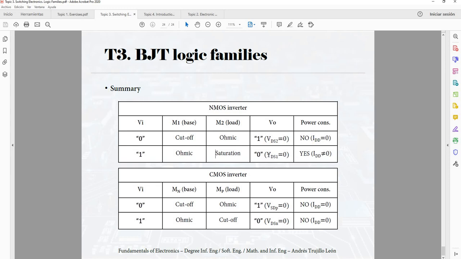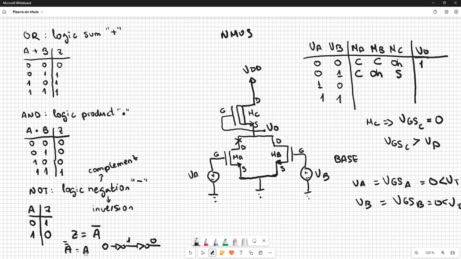In this case, the voltage between drain and source of transistor B is 0. This is 0, the point between this and this. And so the subtraction is going to be 0.